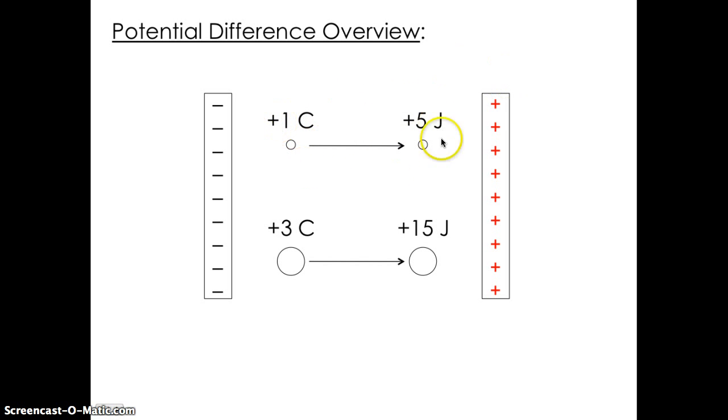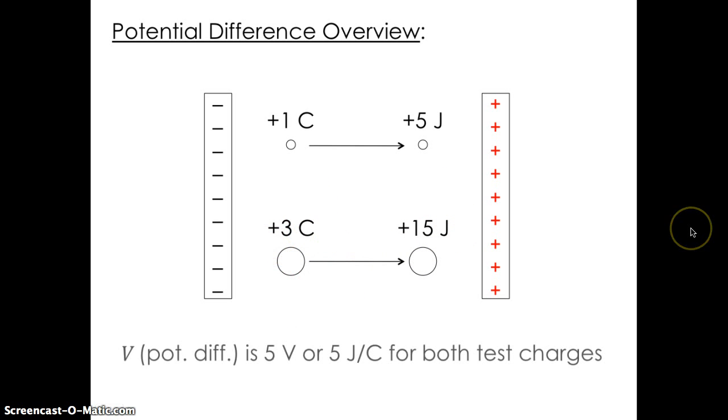So this charge gained 5 joules per Coulomb because it was only 1 Coulomb big. This gained 15 joules for 3 coulombs, which means it gained 5 joules per Coulomb of charge that it possessed. Right? So the potential difference V is 5 volts. Or in other words, it's 5 joules per Coulomb possessed by each of these test charges.